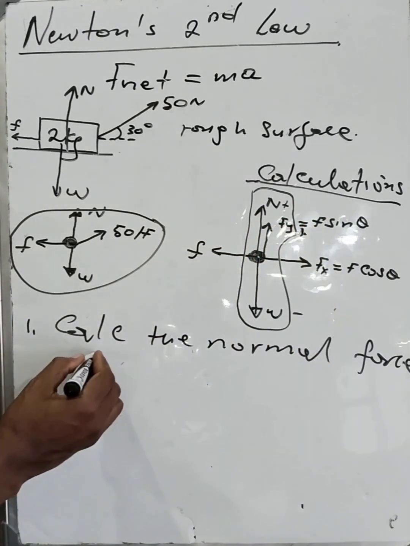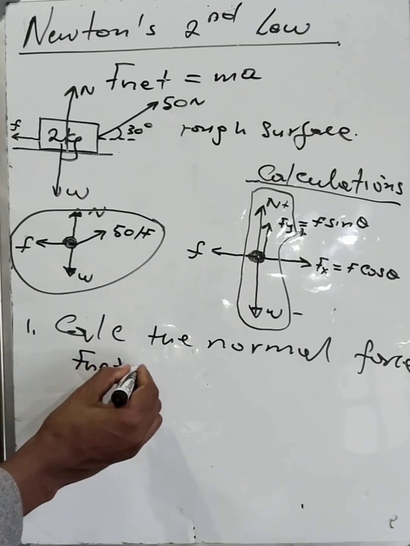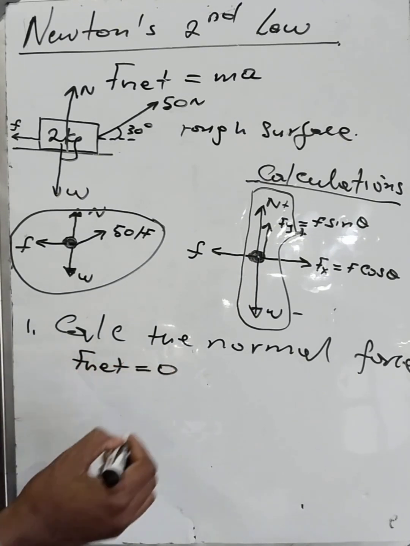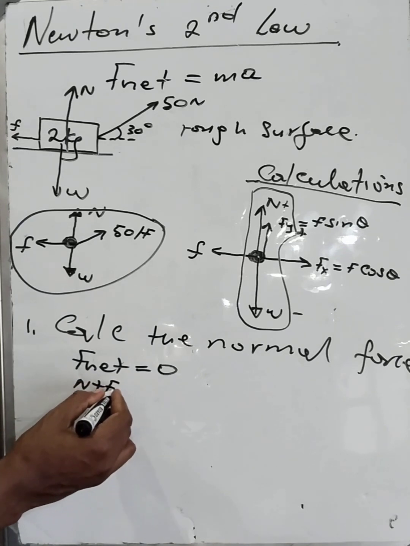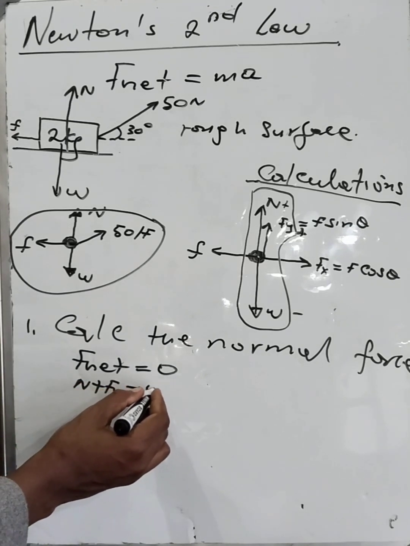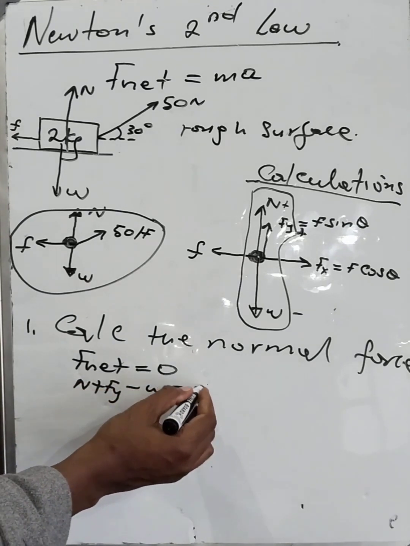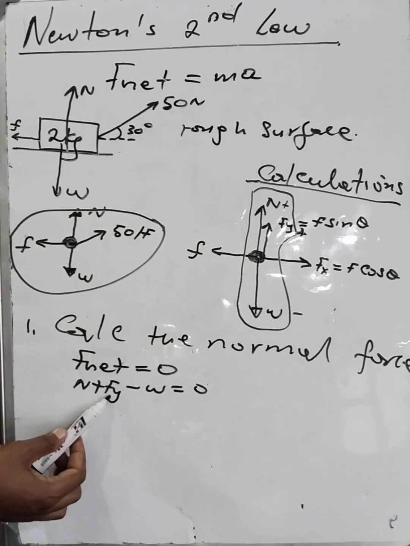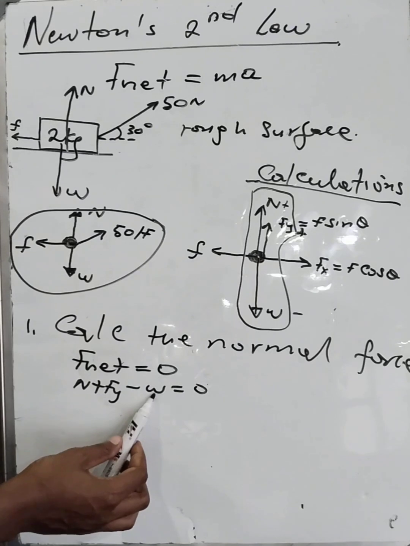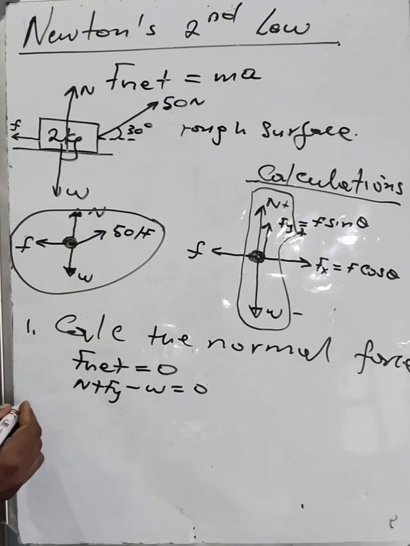But always when we calculate the normal force, we say F net is equal to 0. So we have normal force positive, we have Fy positive, but the weight is negative, which is equal to 0. So you will calculate Fy. After Fy, you calculate the weight, then you substitute to get the normal force.